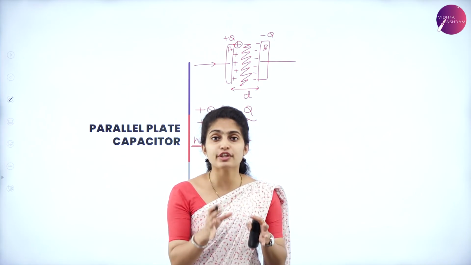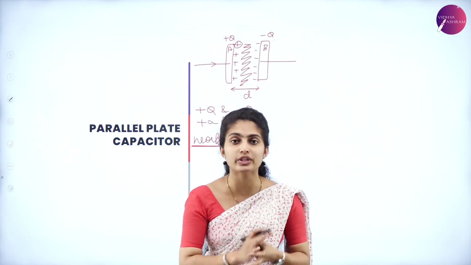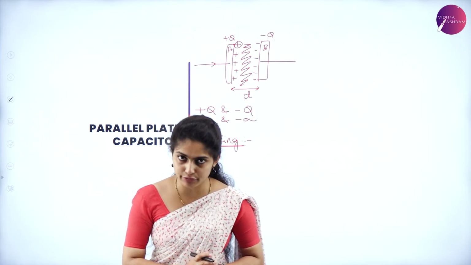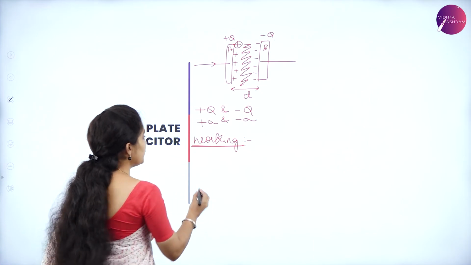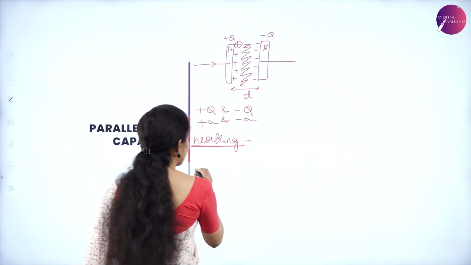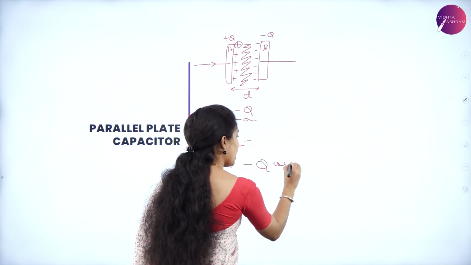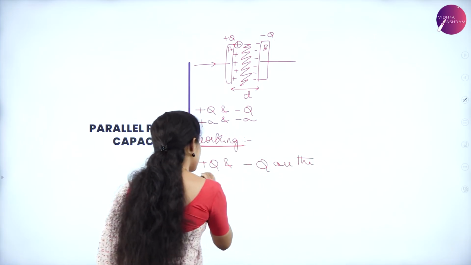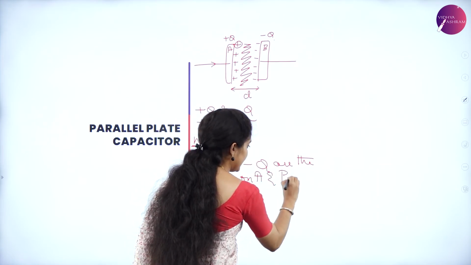So the potential difference acting between the plates will later become equal to the applied potential difference. So now we have charges plus Q and minus Q. This is the working which I have explained verbally. So now we have plus Q and minus Q as the charges on A and B.